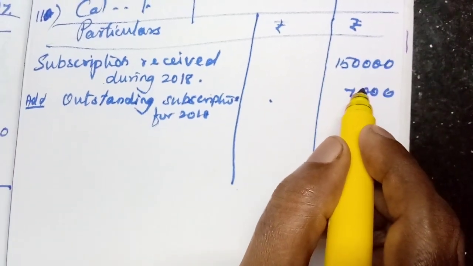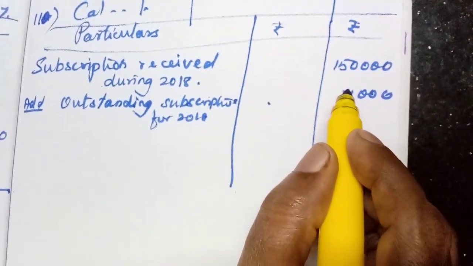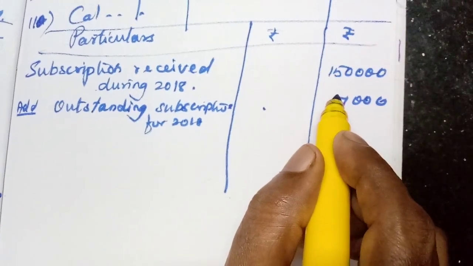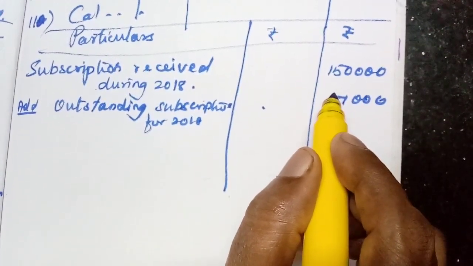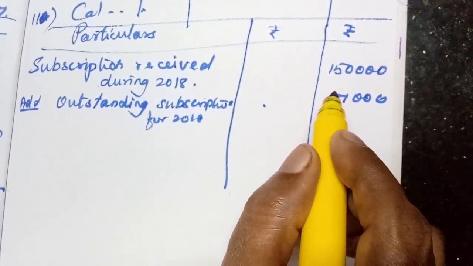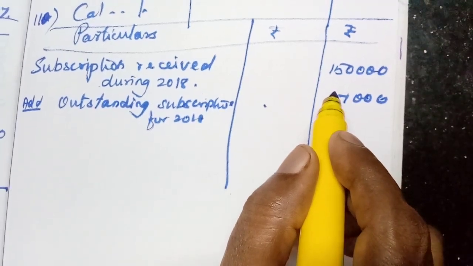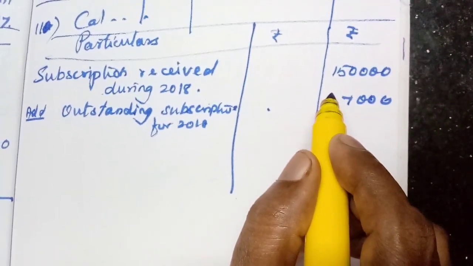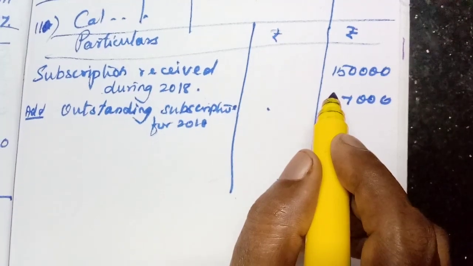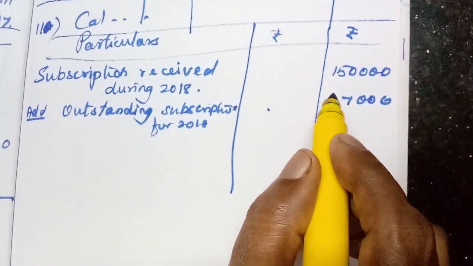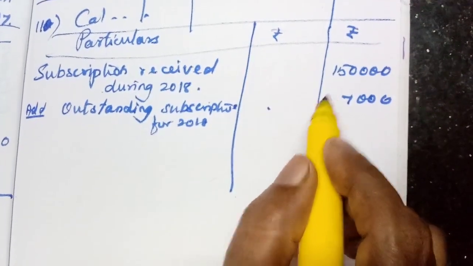Then next, what should be added? The first we got, that's 7,000. The next line you see, subscription received in advance. That means that 3,000 they have received in advance, which year? Last year. So that is related to this year.